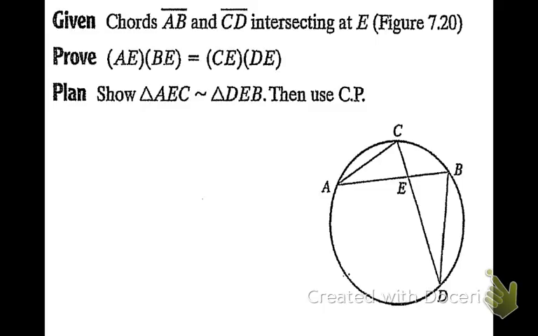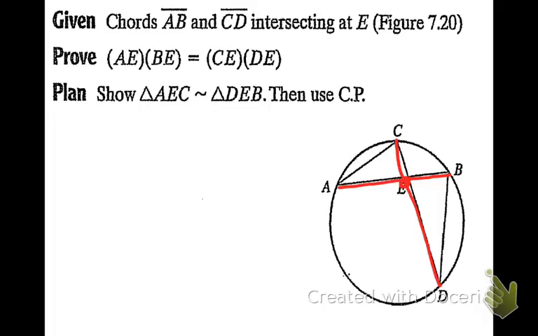So we're given chords AB and CD. They intersect at E. We're going to prove that AE times BE equals CE times DE.